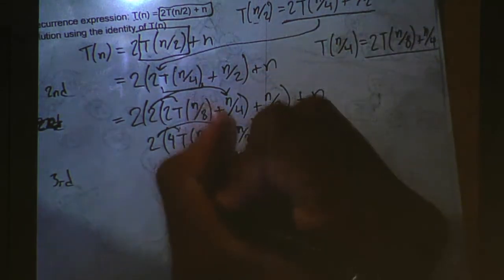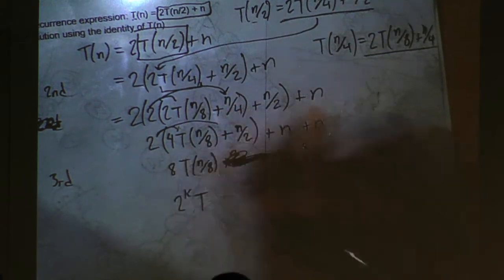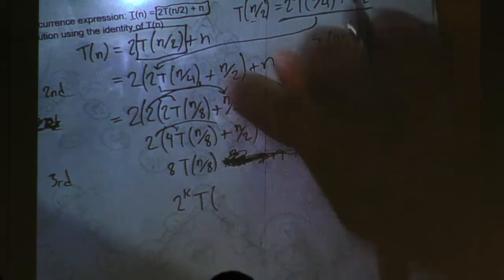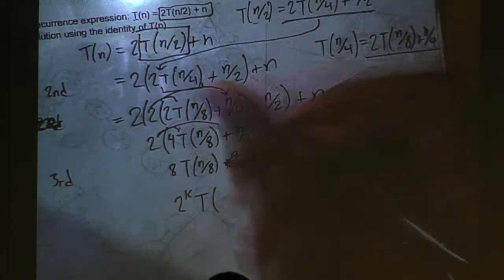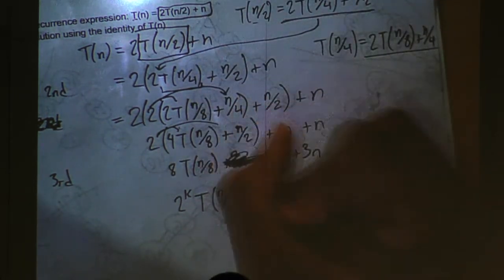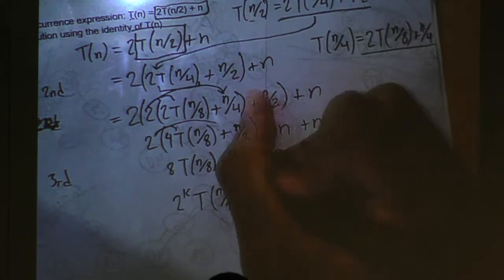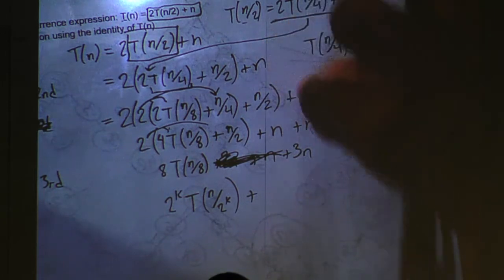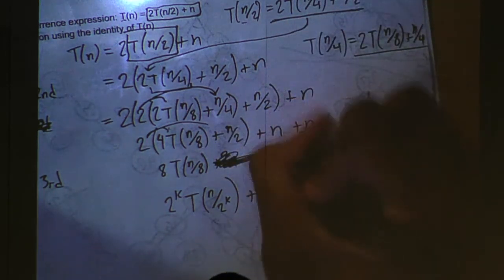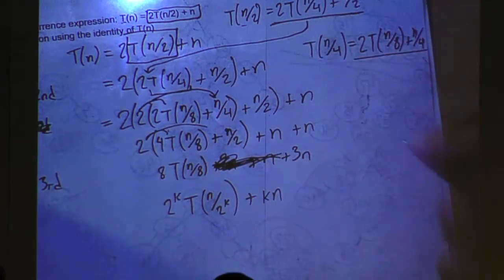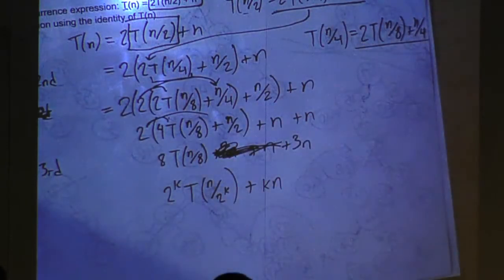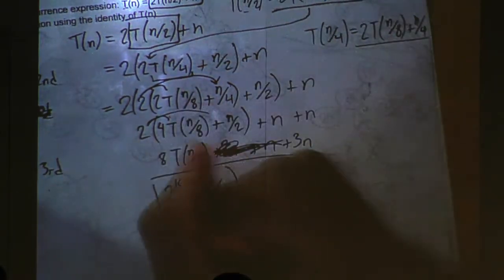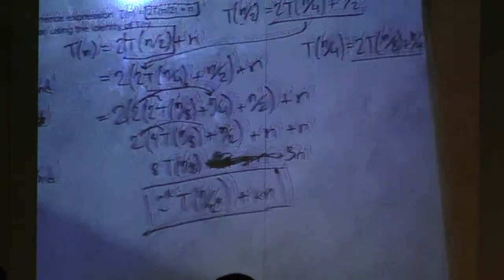So it's going to be 2 to the k T. And we had n over 2, then n over 4, then n over 8. So it's going to be n over 2 to the k. And then plus, we had n, then 2n, and then 3n. So it's going to be plus kn, where k is the iteration that we're on. And then this would be the final solution.